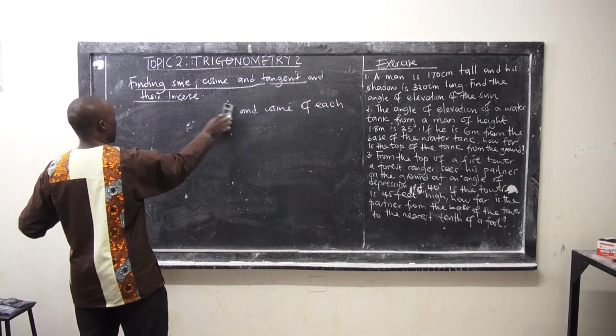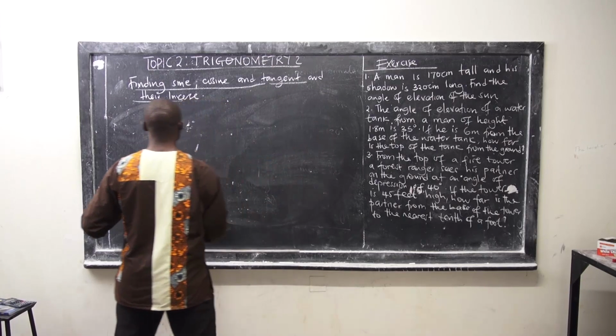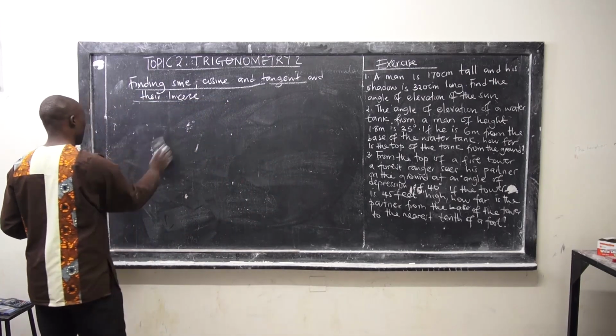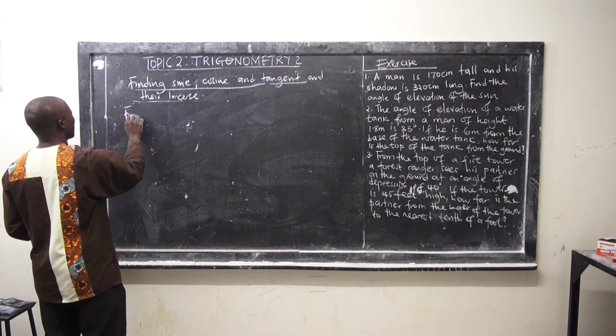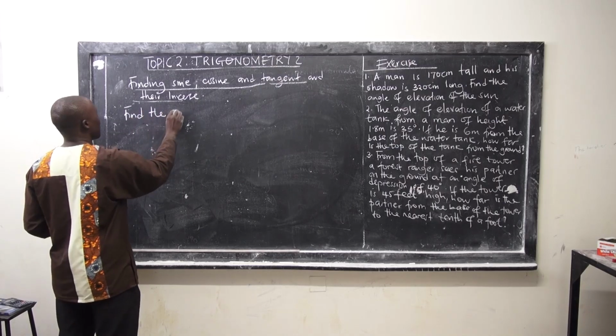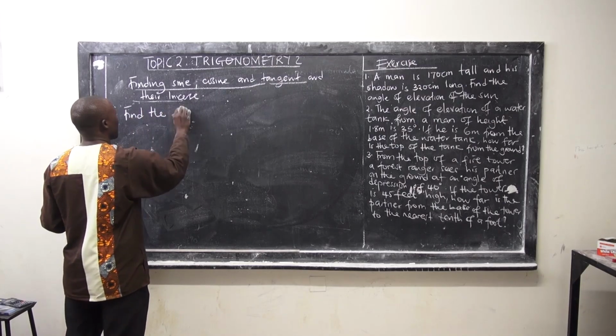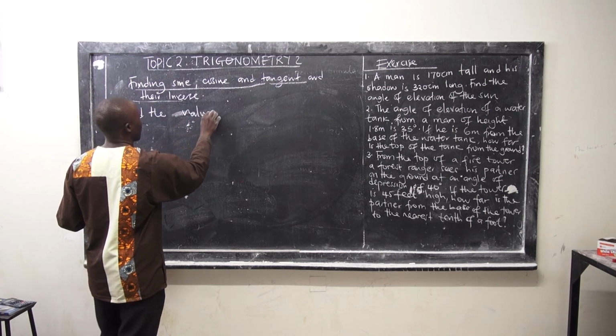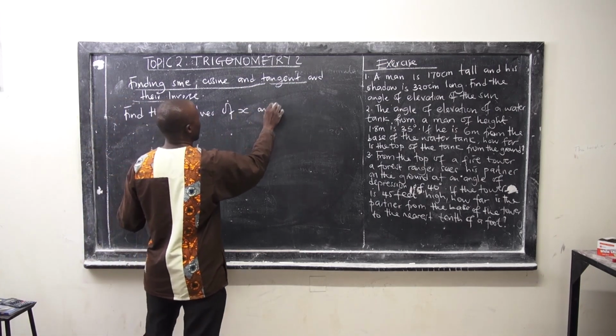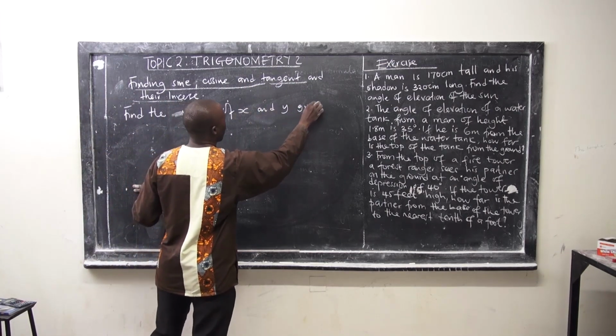So let us see how we can find the inverses, or find back the angles given the trigonometrical values. Find the values of x and y given.